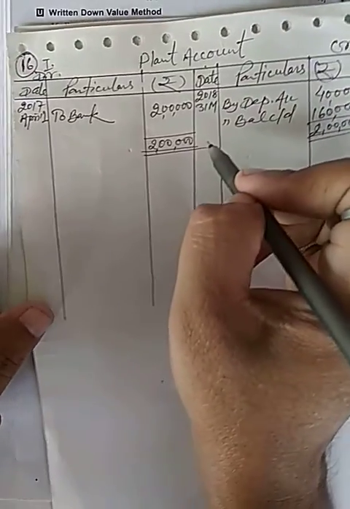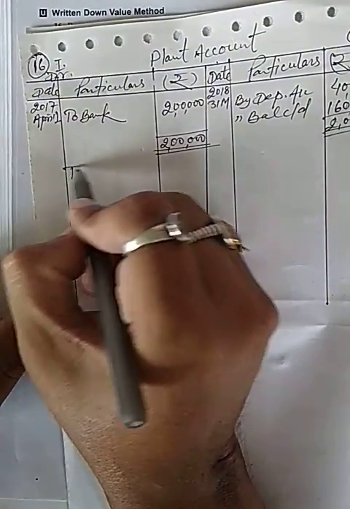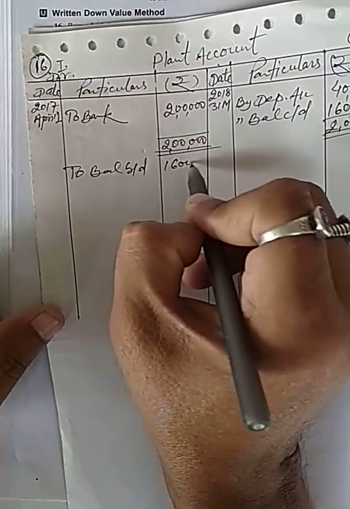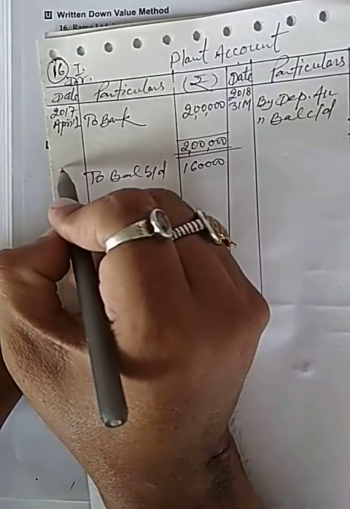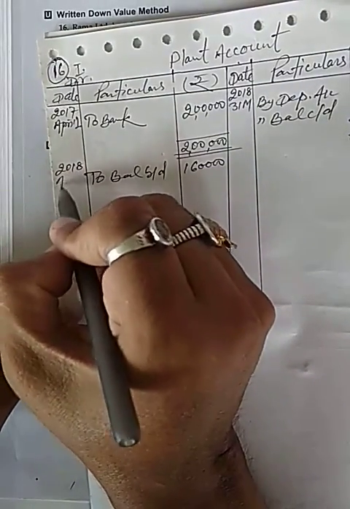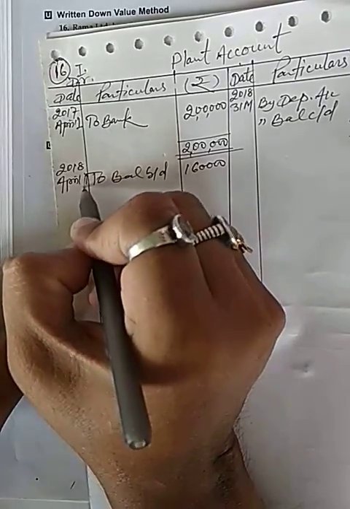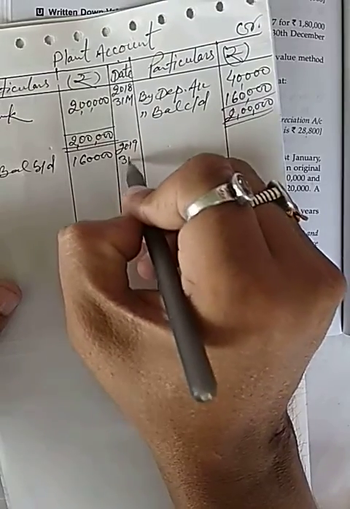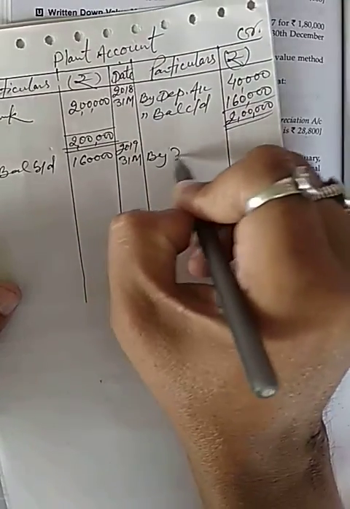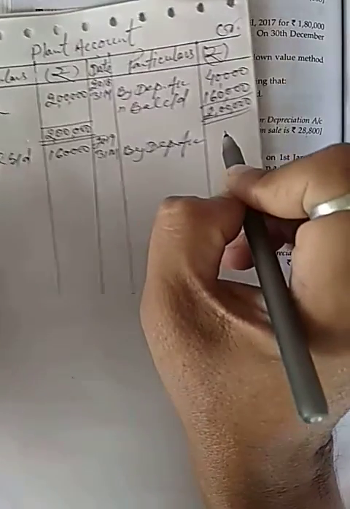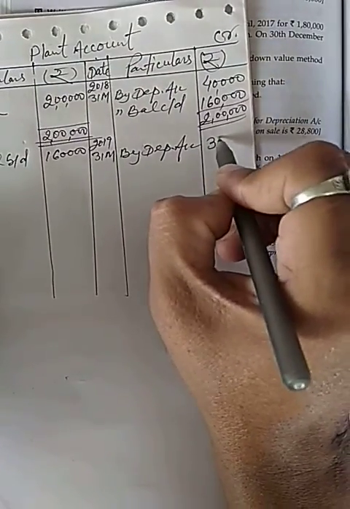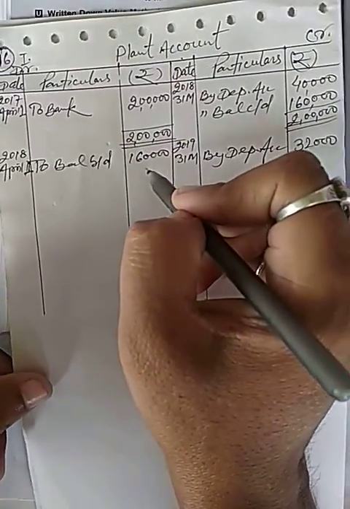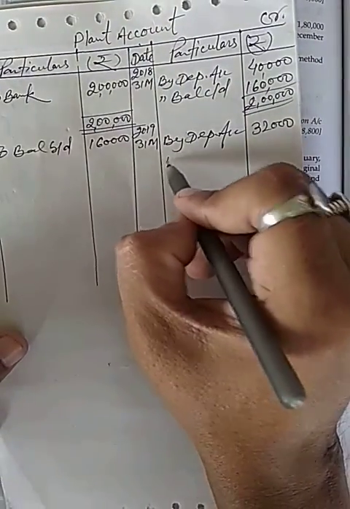When we bring down to the next year, the balance BD will be 1,60,000. Now on 1st April 2018 and 31st March 2019, by depreciation account will be 32,000 on the remaining balance, because this question is based on the reducing balance method.